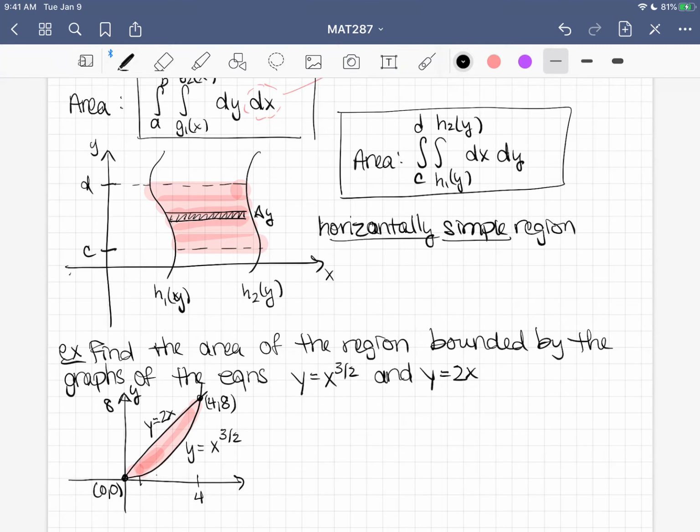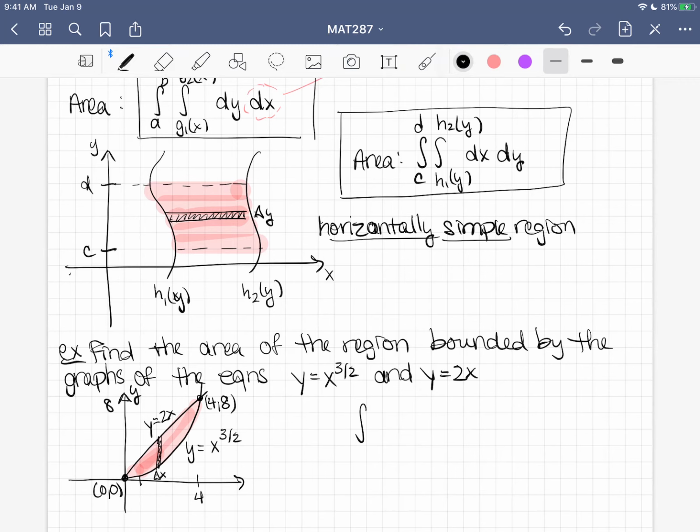And let's do a vertically simple region. So let's go this way. I want to think of this as delta x. And so the inside of my integral is the range for y.